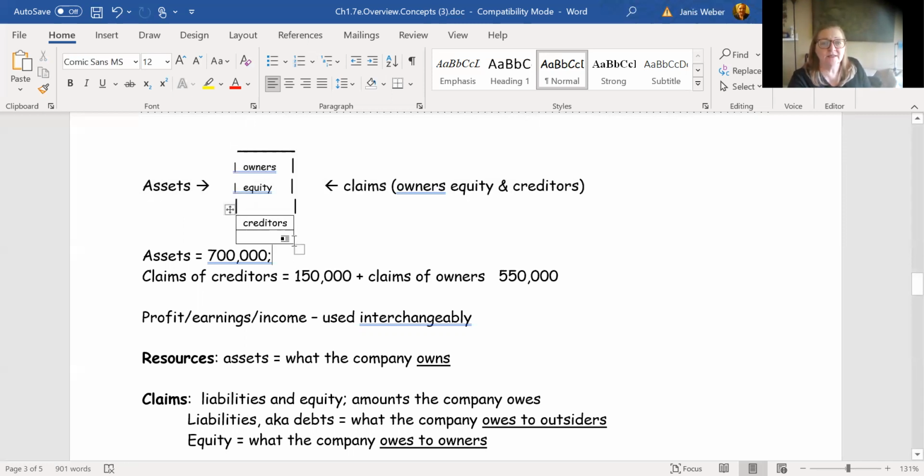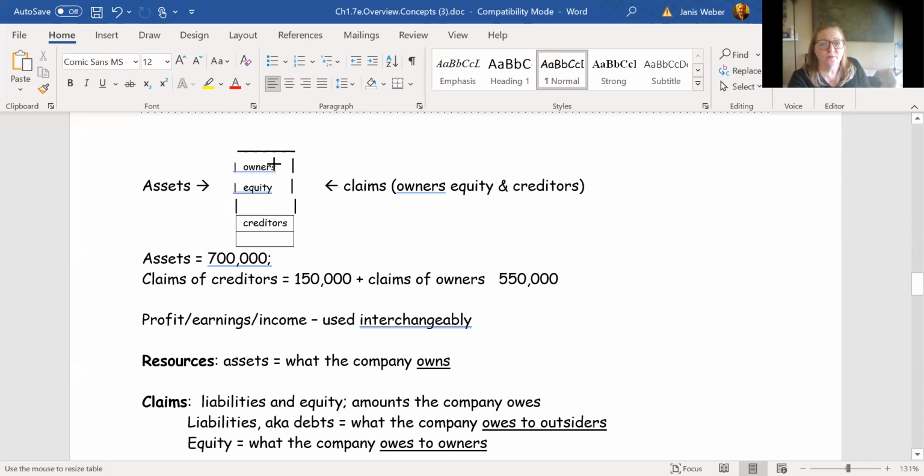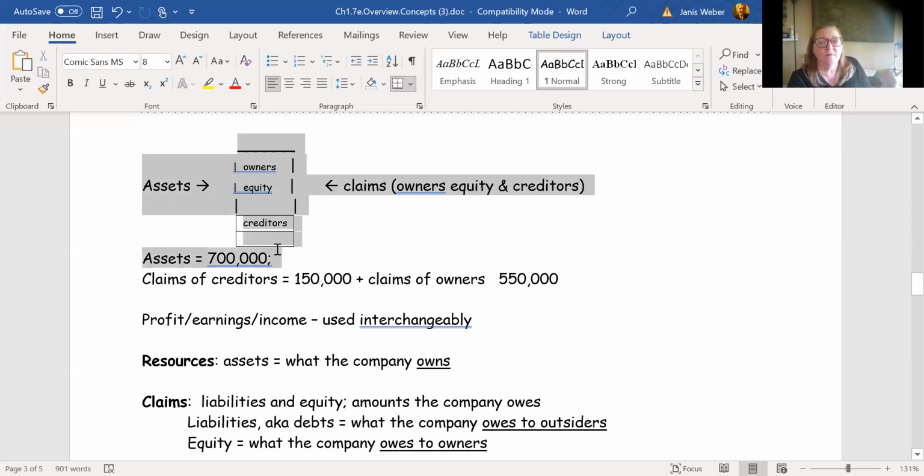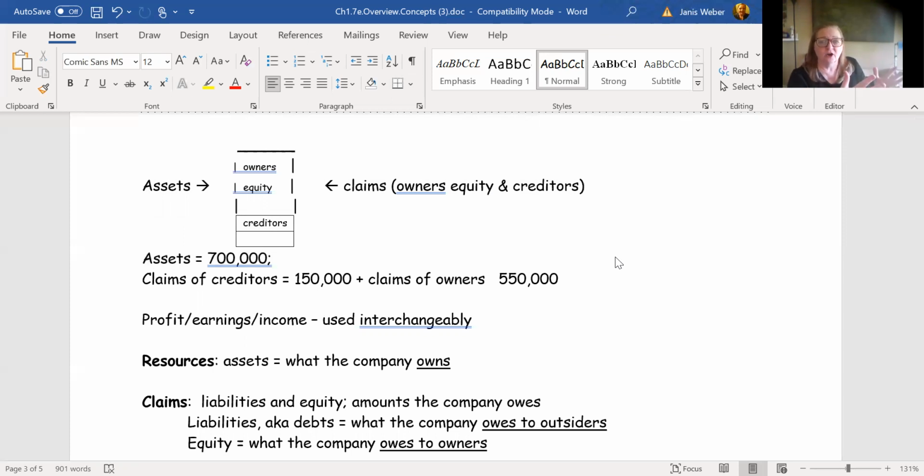The assets themselves are the total. Look, for instance, at this example I've got here. If the company has $700,000 worth of assets, that means everything they own is in their asset list. All the resources the company has.